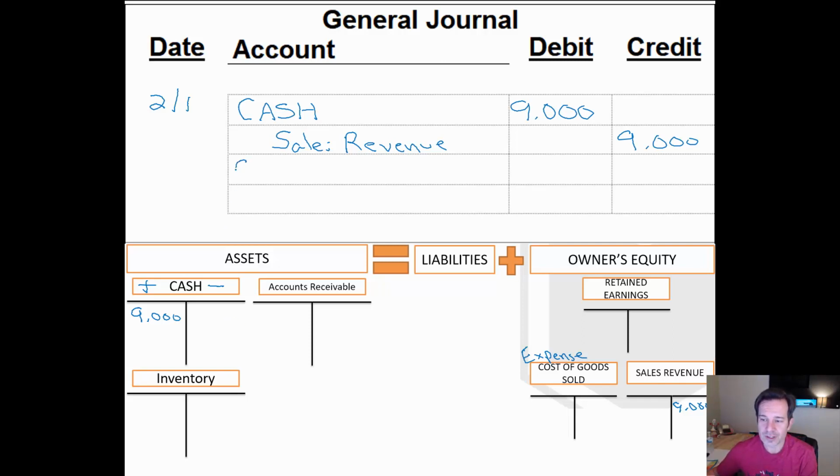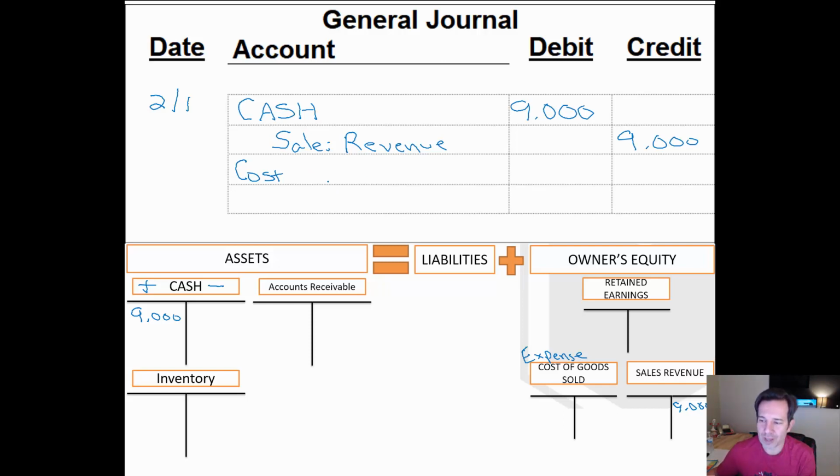And a little secret here: your expenses, when we initially record them, are always going to be a debit. The only time we credit an expense account is if we made a mistake and have to fix it, or we're closing out that account like we learned about in chapter 5. So your rule of thumb: if you're trying to record an expense, it's a debit.